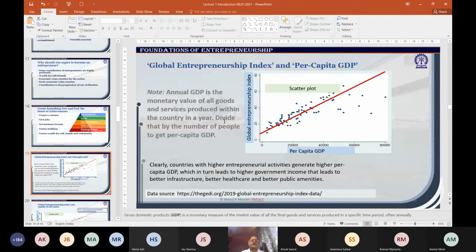Now, this is a graph that shows the countries whose entrepreneurship index is very high, their per capita GDP per individual, per citizen is very high. This is a plot that shows the higher the entrepreneurial index, the higher the per capita GDP.